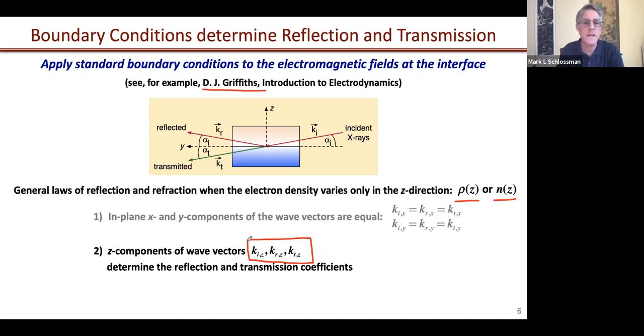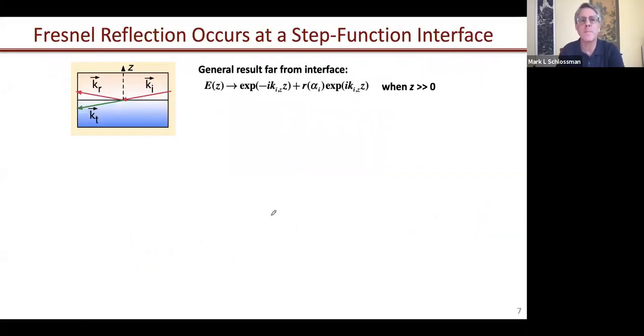And as you'll see, they determine the reflection and transmission coefficients, which tell us what we want to know. So let's think a little bit about how we would do that in a simple case. The general result is, let's say you're far from the interface. Let's say we're right here, this region of z here.